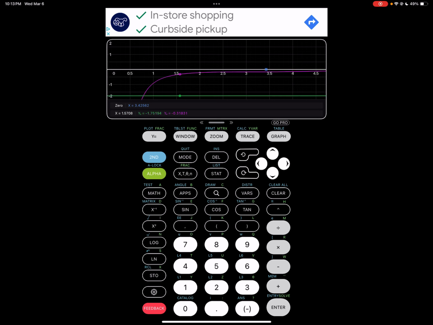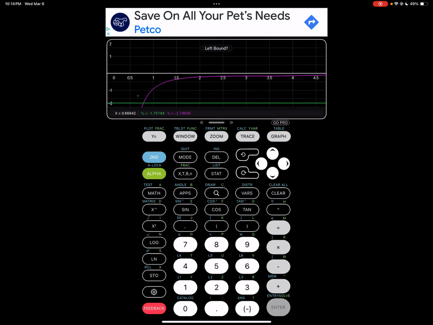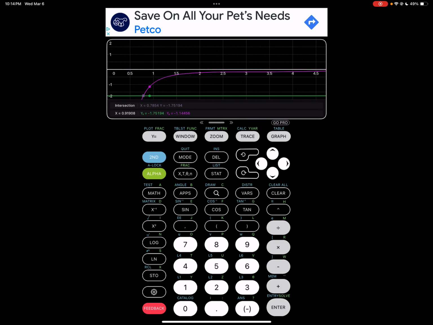I'm going to do second calc intersection. My left bound's right here, my right bound's right here. This gives me an intersection of 0.7854. So theta is 0.7854.